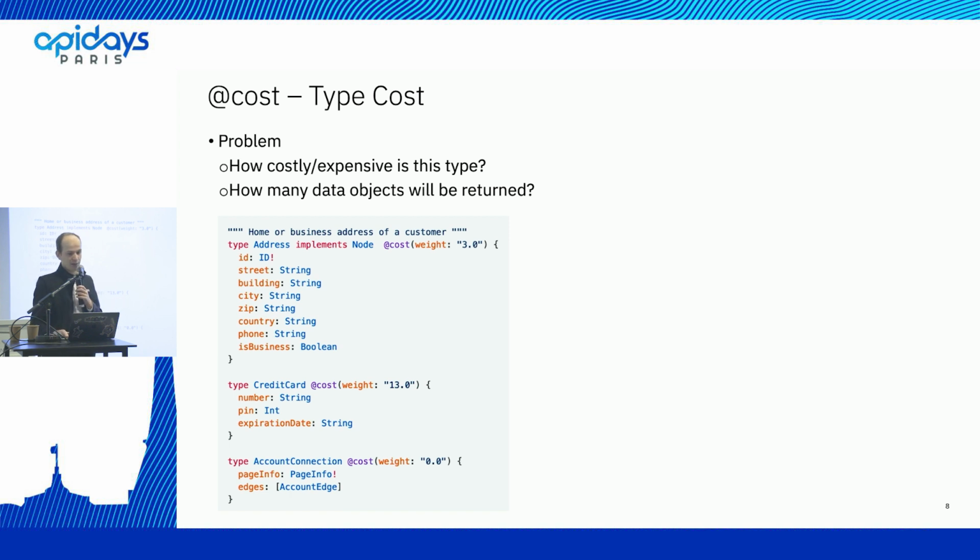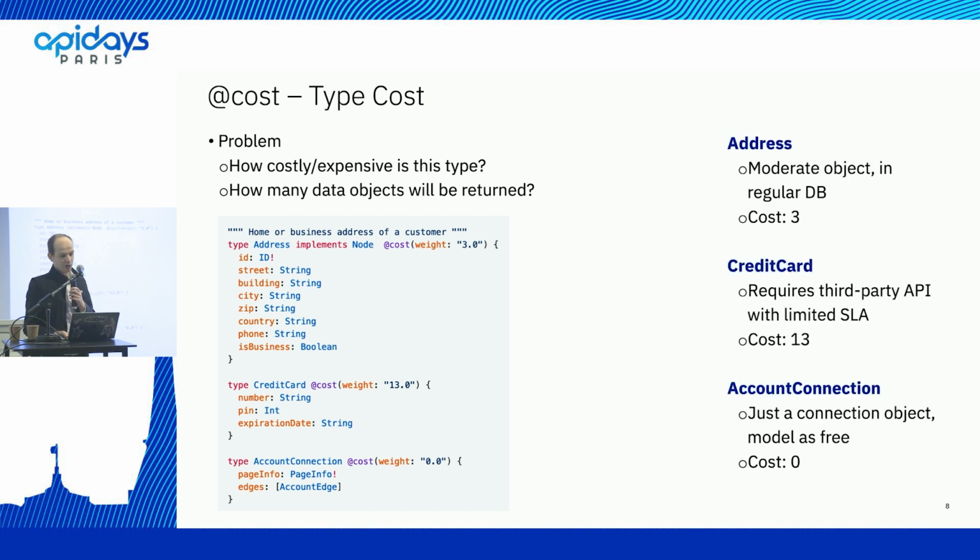So we give all the fields a cost. When people call us, we can say this API query is going to cost X amount of points, and we weigh all the types, and then the sum of your entire request ends up being the cost.